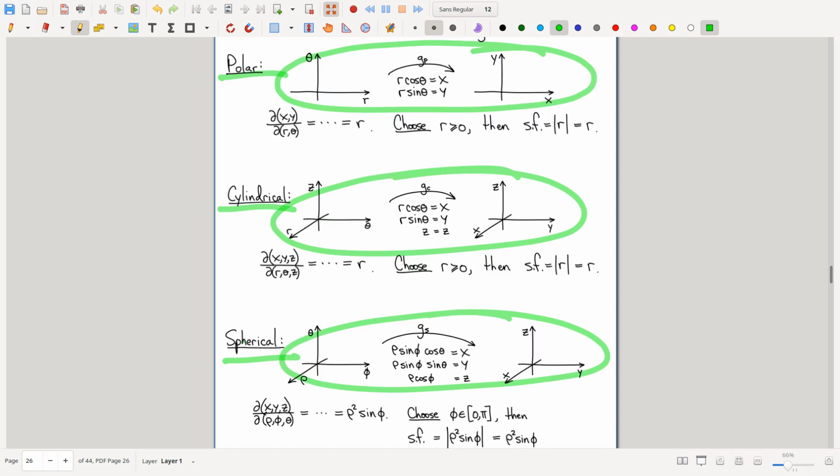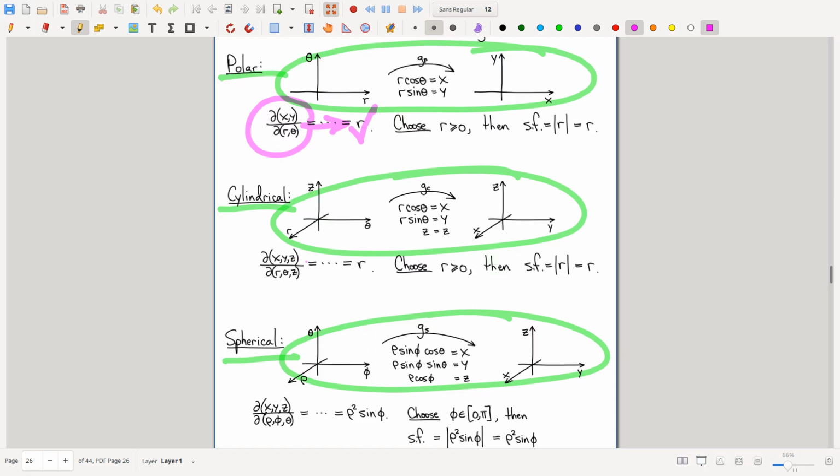That said, if we're going to be using them that much, we ought to go ahead and compute the Jacobian determinants for polar coordinates. I think this is a good exercise. Everybody ought to do this once in their lives. Take the partials of x and y with respect to r and theta. You've got the formulas, write those partials, assemble that derivative matrix, take the determinant, and it turns out r is that Jacobian determinant.